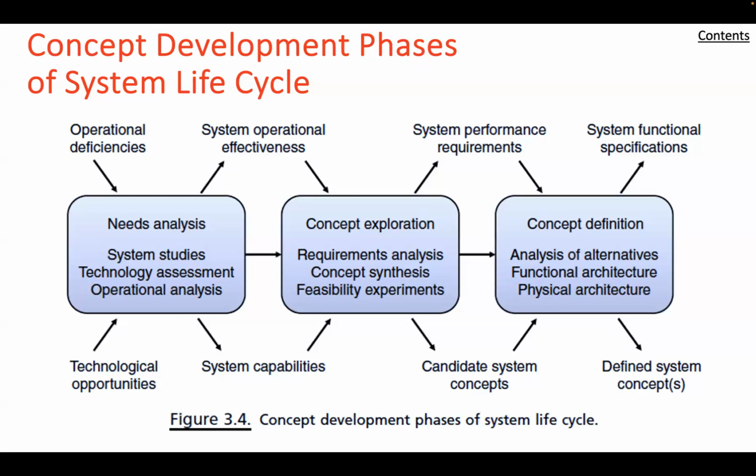The output is really two perspectives on the same system, a set of functional specifications that describe what the system must do and how well, and a selected system concept. The latter can be in two forms.